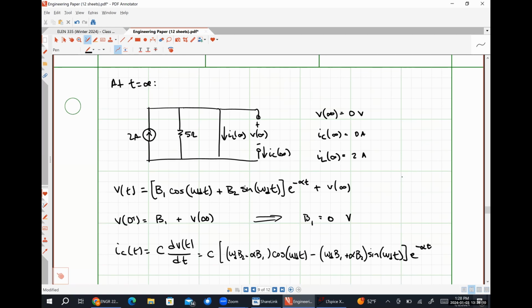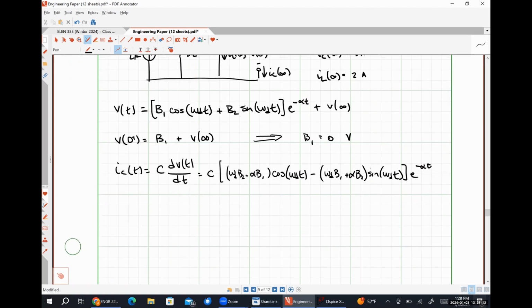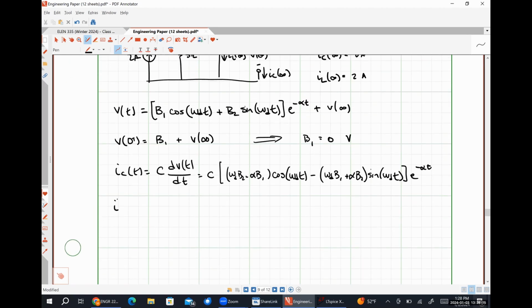All right. And so IC at 0 plus is going to be C times omega D B2 minus alpha B1. Because at t equals 0, the sine term goes away and the e to the negative alpha t goes to 1.